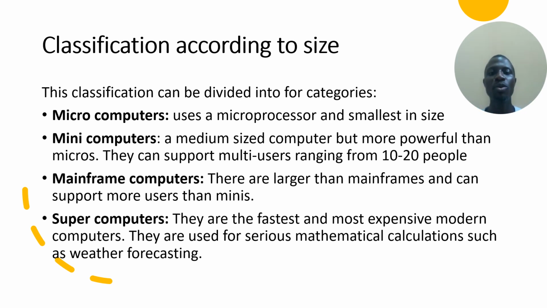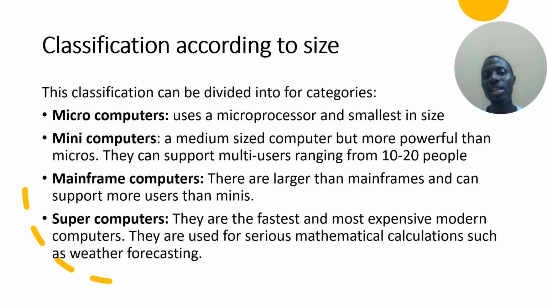A microcomputer uses a microprocessor, and it is the smallest in size, whereas mini computers are medium-sized computers but more powerful than micros. They can actually support multiple users, ranging from 10 to about 20 people. Mainframes are larger than minis, and they can support more users than minis.